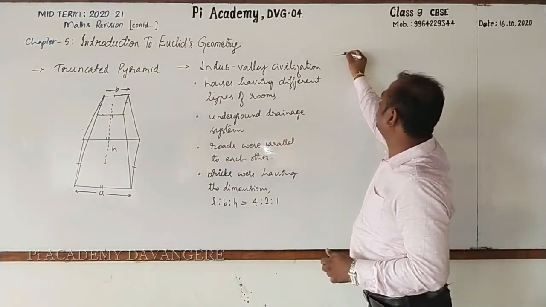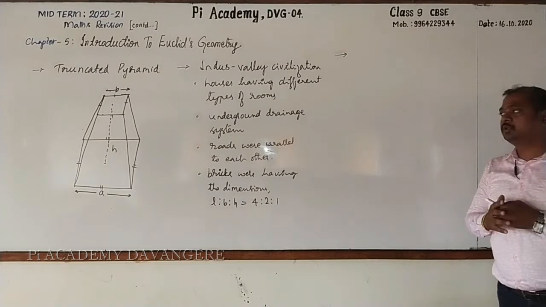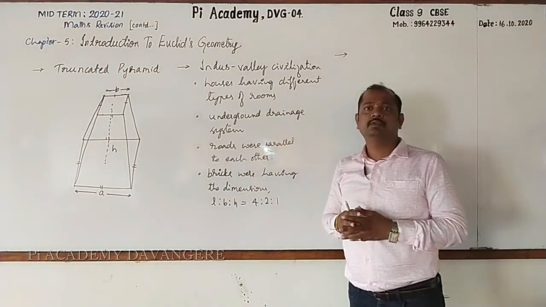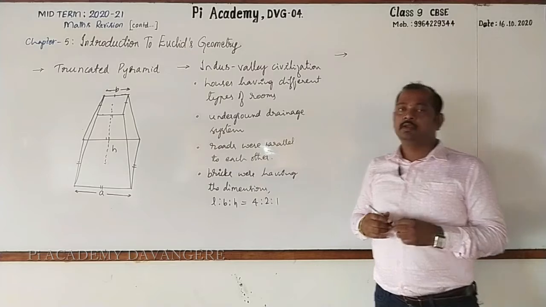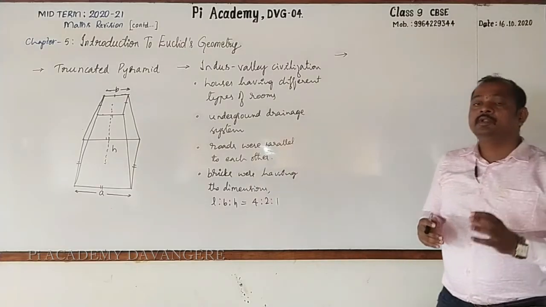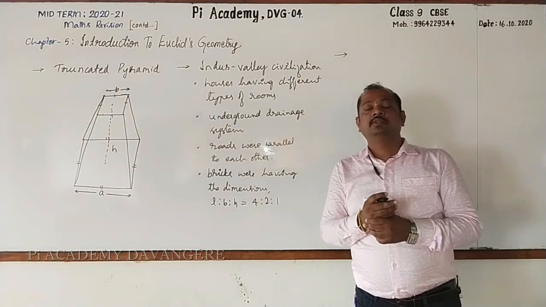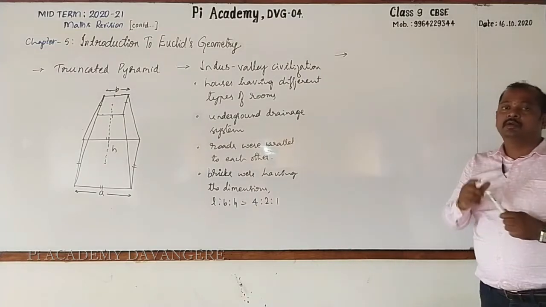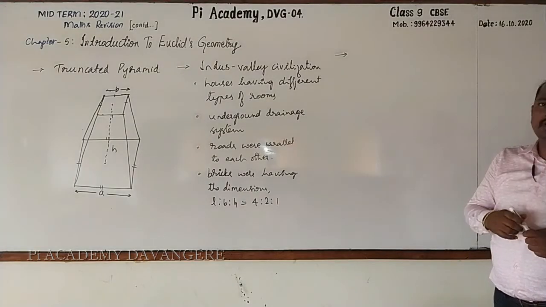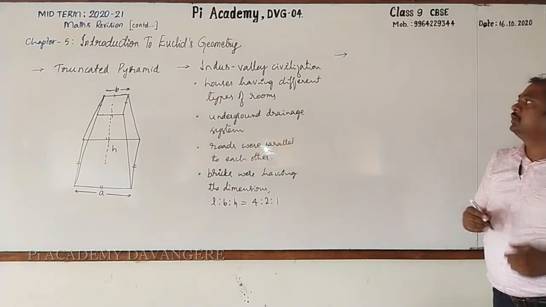Next, even our Indian civilization has also given a lot of contribution to the field of geometry. Let us take some of the examples. In that time only, they had made a manual for geometrical constructions. Then what do you call that? The manual. Yes, it is right.